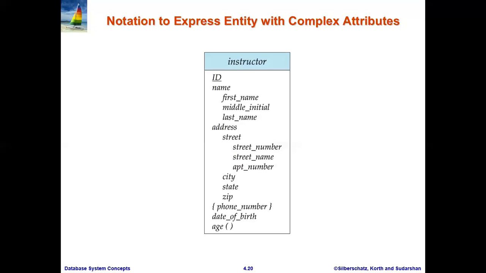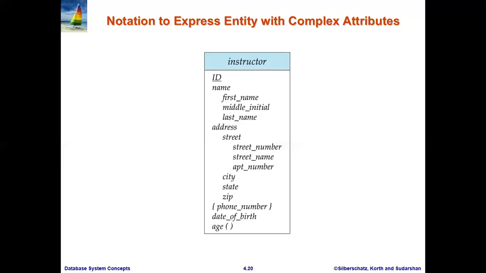So this is how it is noted. Now phone number is shown in brackets. So it indicates that phone number is a multi-valued attribute. A multi-valued attribute is represented by writing it inside curly braces. Now date of birth will have a single value, and that is a single valued attribute.